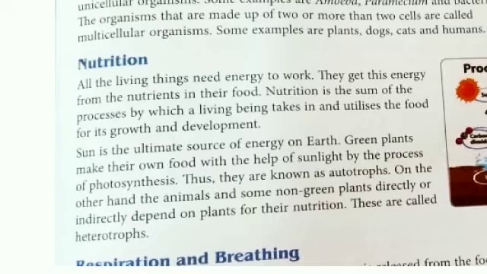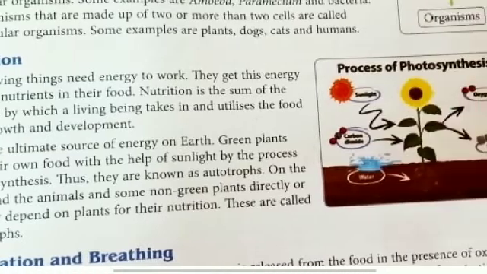This chicken eats grains made from plants, green plants. So directly or indirectly, every plant or animal depends on green plants, that is autotroph, and except green plants, all are heterotrophs. Okay, you understood?